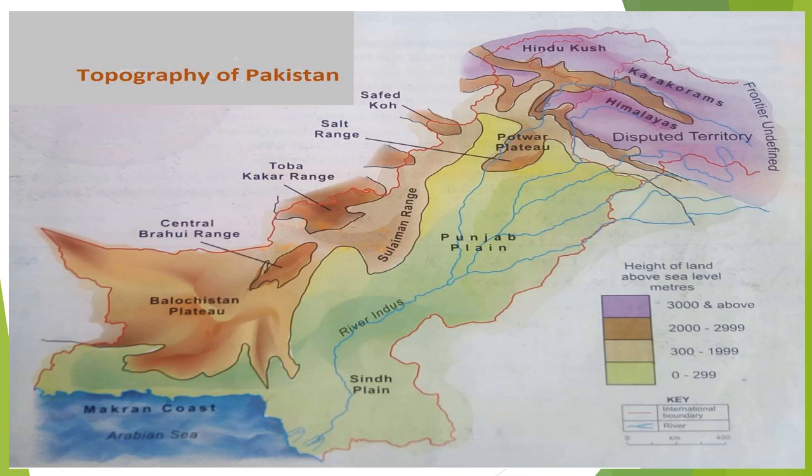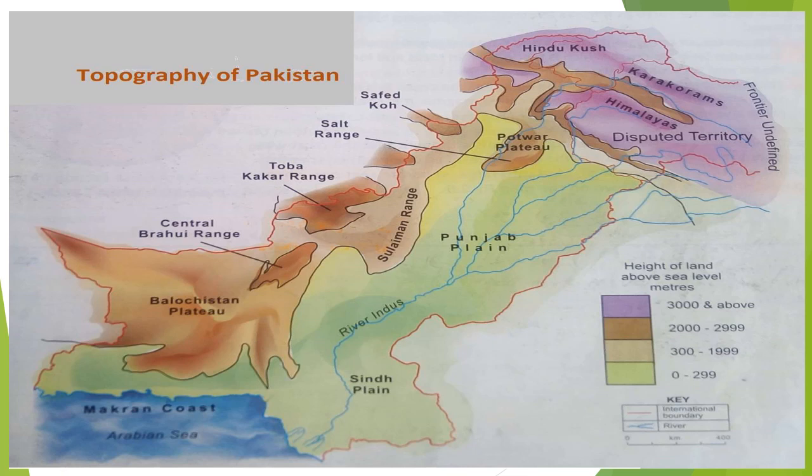Here is the key. Below the key is a linear scale, and then the different colors, which are also part of the key, tell us how high these land areas, the highlands, plains and plateaus, are above the sea level.